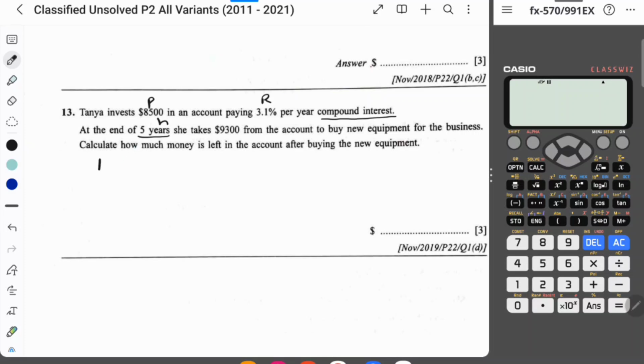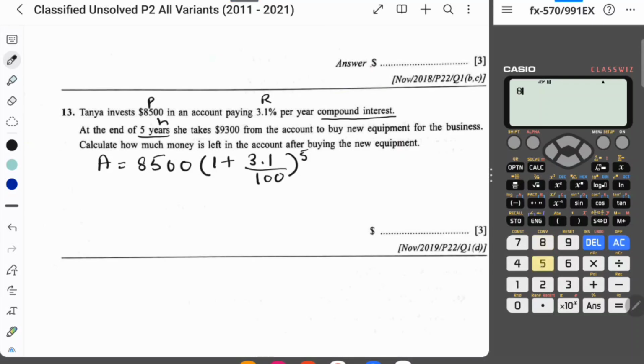Okay, so the amount after 5 years, in compound interest, amount is equal to P times 1 plus 3.1 upon 100 to the power of 5. Let's check how much it is.